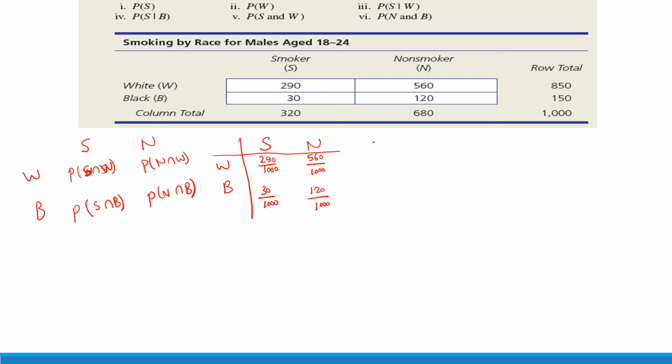Again we have smoker, non-smoker, and white and black. It's easy to calculate because it's just divided by 1000. So we have here 0.29, 0.56, 0.03, and 0.12.